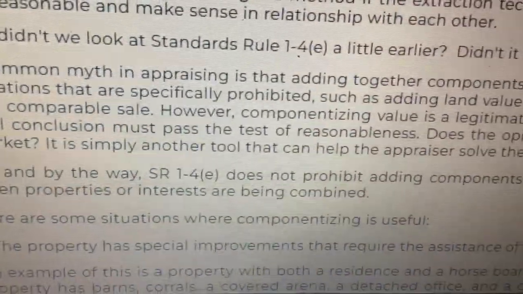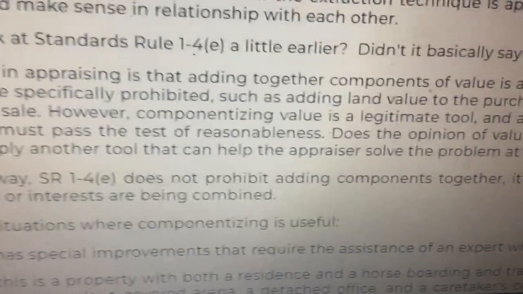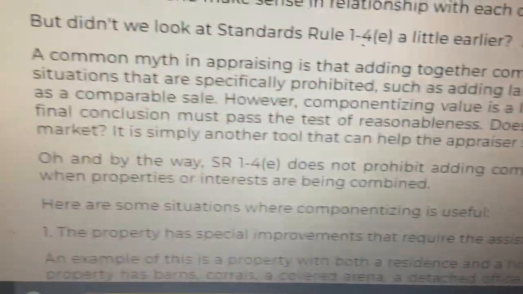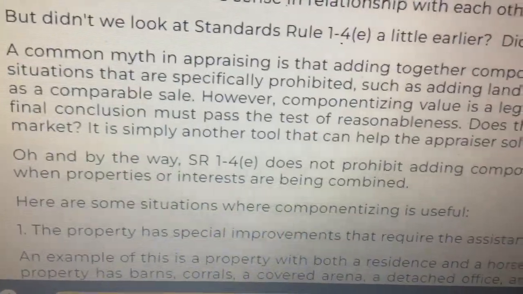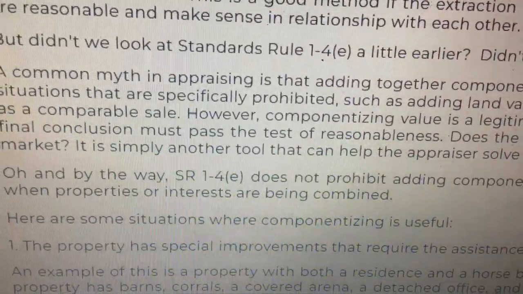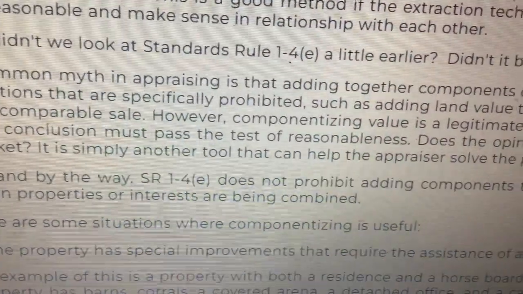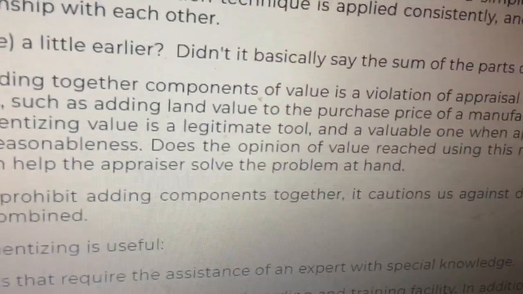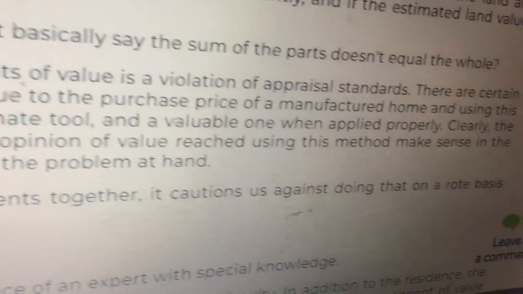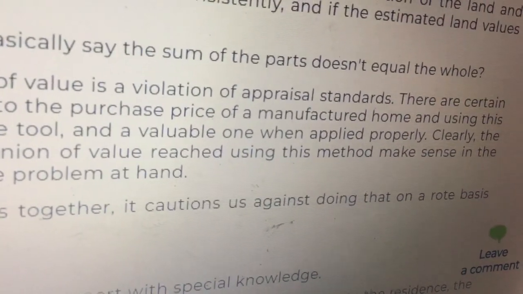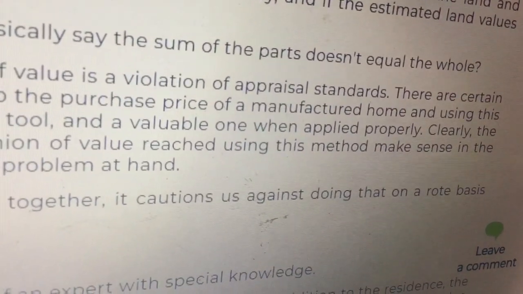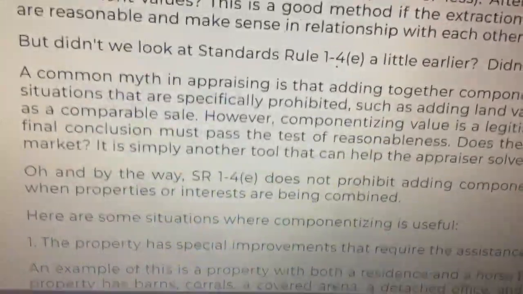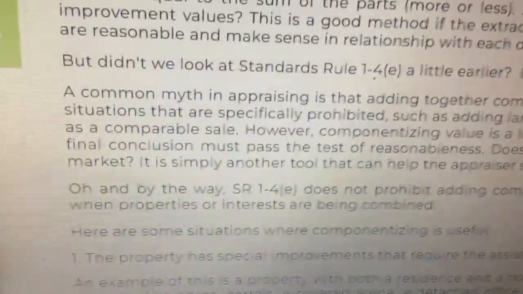Is it simply another tool that can help the appraiser solve the problem at hand? Oh, and by the way, Standards Rule 1-4E does not prohibit adding components together. It cautions us against doing that on a rote basis when properties or interests are being combined.